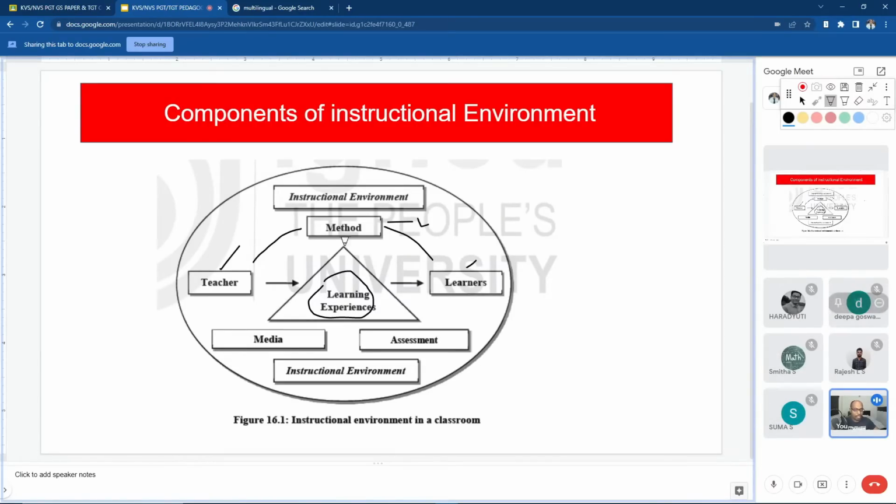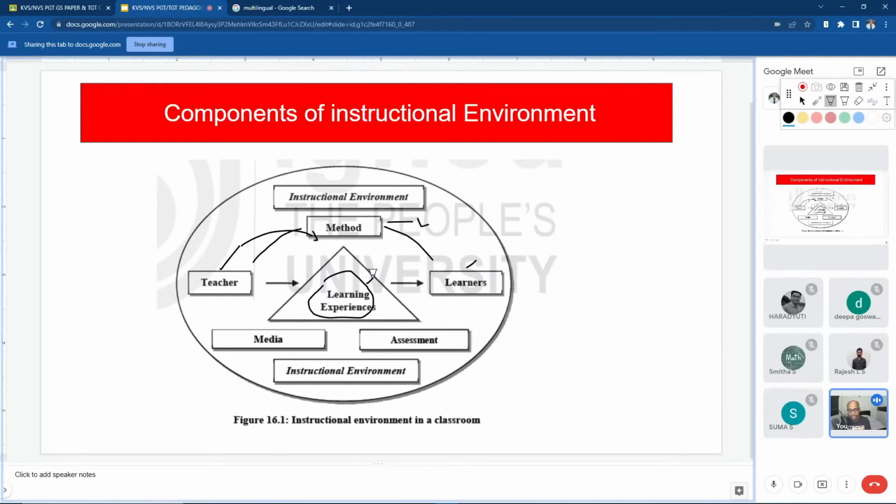Next, what happens? Deepa ma'am comes. Deepa ma'am is teacher and now we are all students. Now Deepa ma'am also wants to teach the same topic, articles, but instead of lecture method, now Deepa ma'am took the role play. Which method Deepa ma'am you are using? Role play, and that will also create a different learning experience.